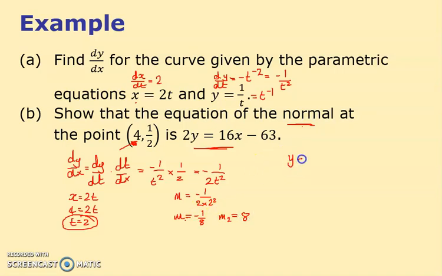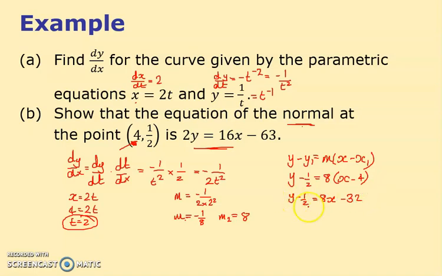So I can do y minus y1 equals m(x minus x1). y minus a half equals m, which I reckon is 8, times x minus 4. So multiply everything out on the right hand side: 8x minus 32.